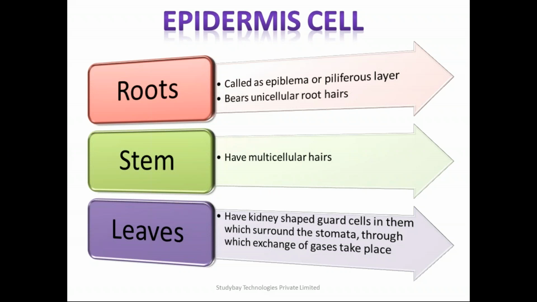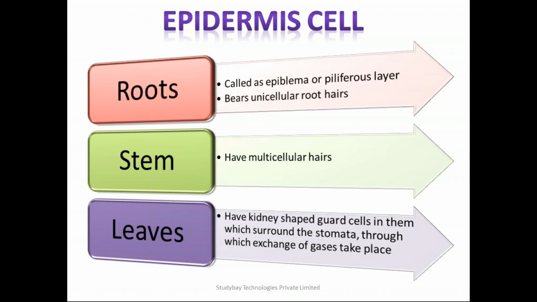Then we have the stem, which has multicellular hairs, and at last we have epidermis in leaves that has kidney-shaped guard cells, which surround the stomata through which the exchange of gases takes place.